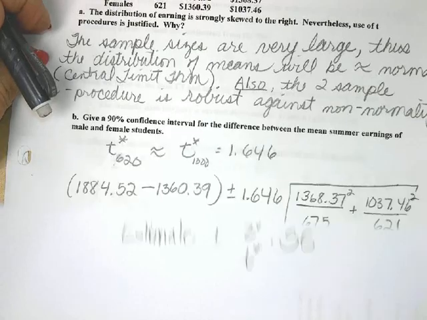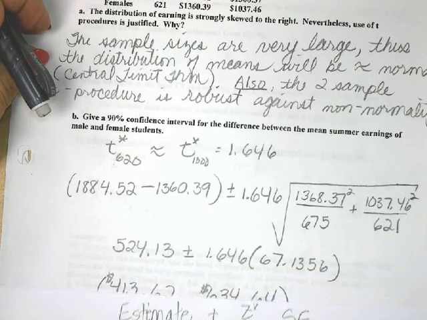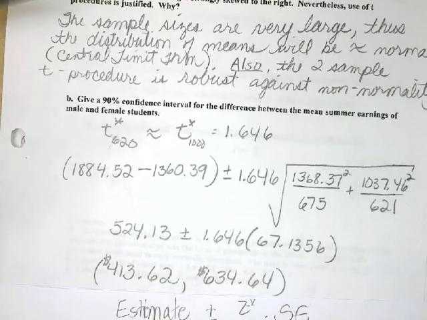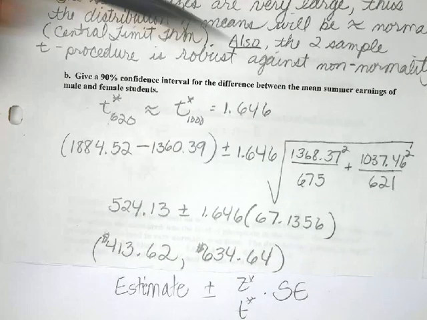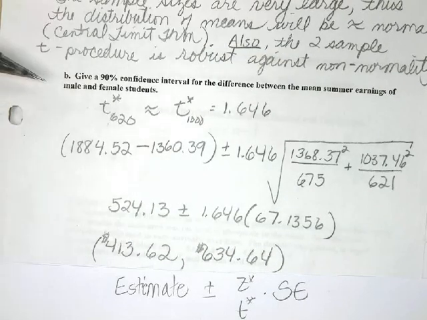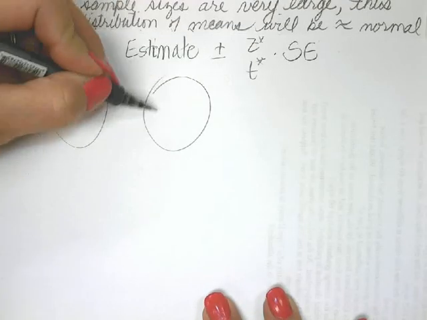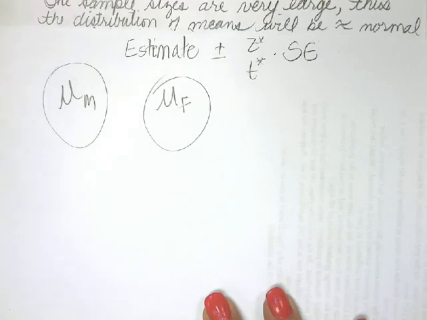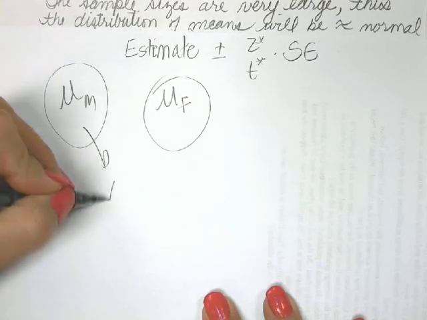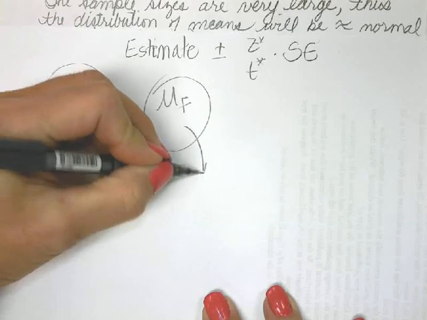Okay, so let's get to this confidence interval. So I want to find a confidence interval for the difference between the summer earnings for males and females. So there is an actual mean for males, and there is an actual mean for females. I don't know them. So I take an x bar from here, and I take an x bar from here.